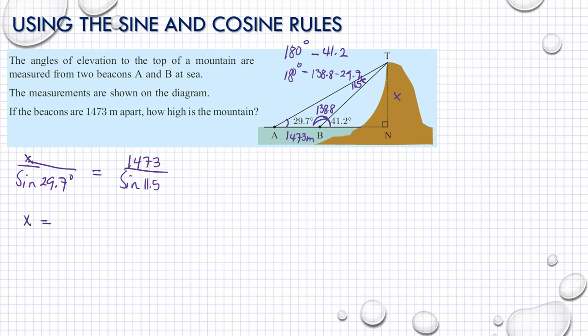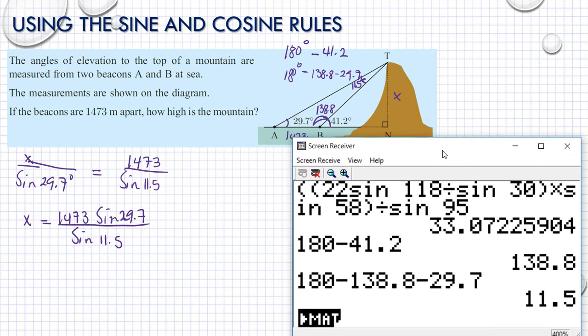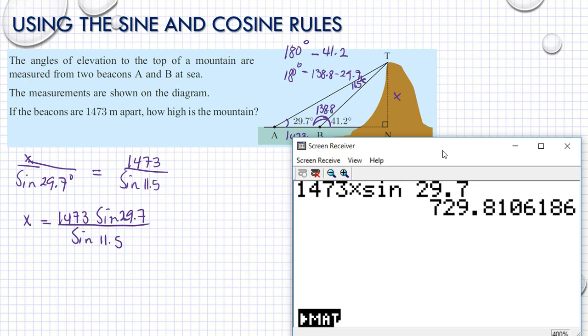Finding the x, that is 1,473 sine 29.7 divided by sine 11.5. On our calculator, we have 1,473 multiplied by sine 29.7 divided by sine 11.5.